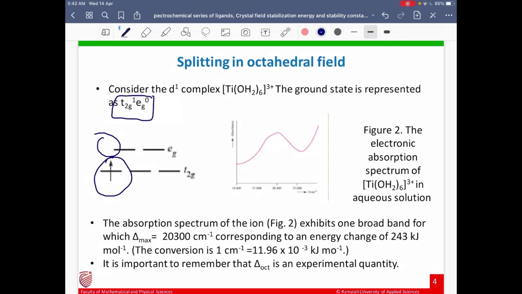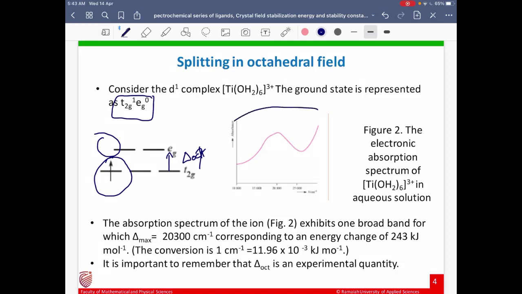So the amount of energy required for an electron to jump from T2g to Eg in this octahedral field, we can name it as delta octahedral.